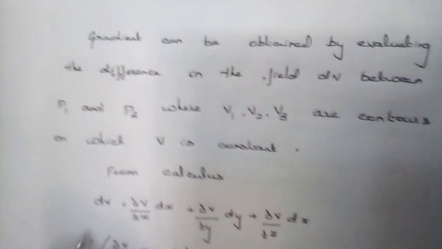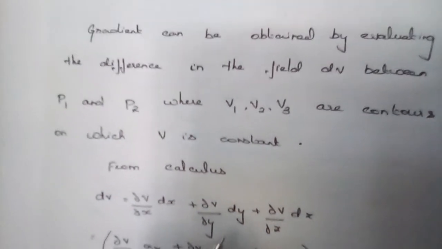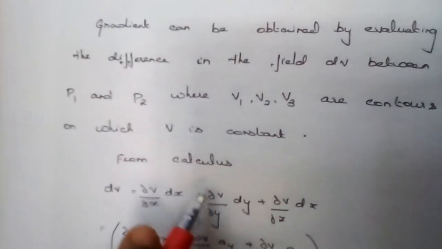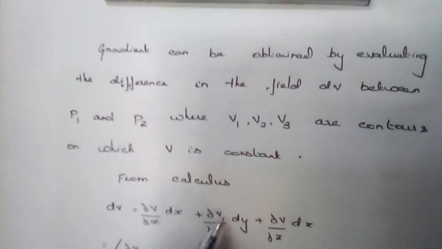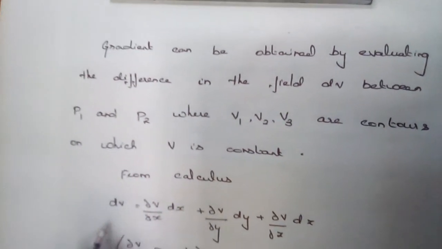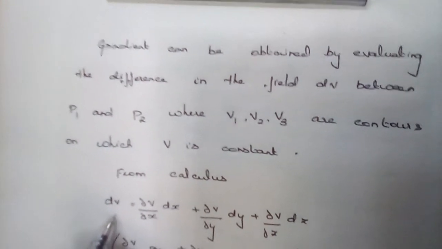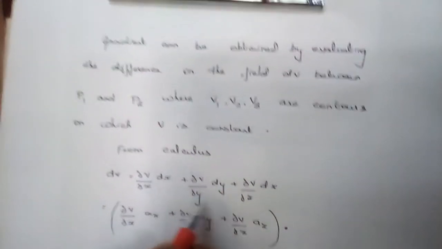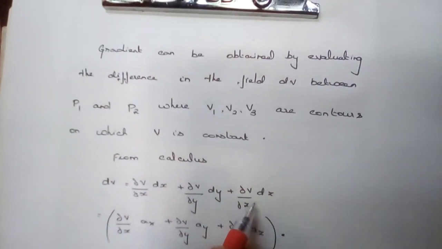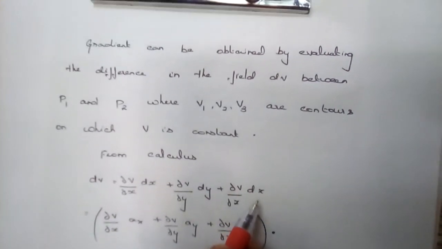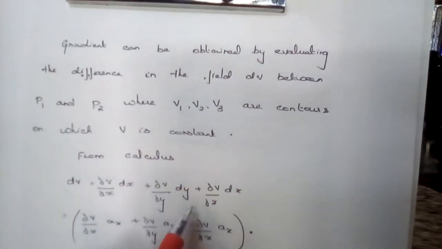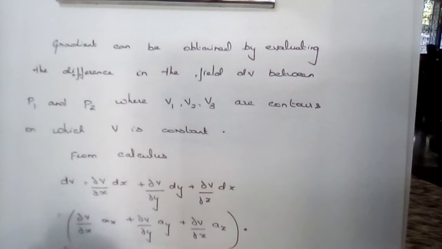By means of calculus, the gradient can be extended towards EMT. From calculus, the change dV between the two points is given by dou V by dou x into dx plus dou V by dou y into dy plus dou V by dou z into dz, where x, y, z are the coordinates.